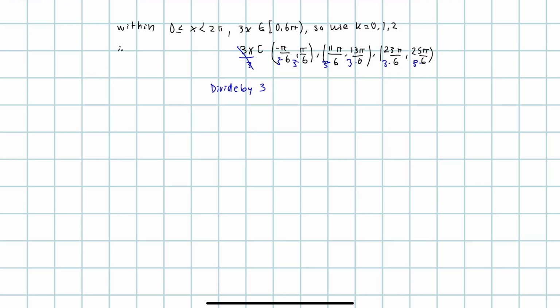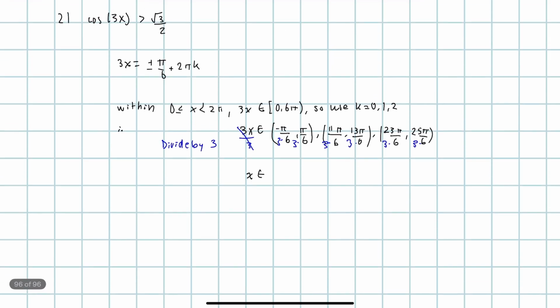So this is going to give us x is a part of the subset of, okay, this starts with pi over 18, or we can just write x first: pi over 18, pi over 6, 11 pi over 18, 13 pi over 18 is a solution, 23 pi over 18 is a solution, and 25 pi over 18 is a solution.